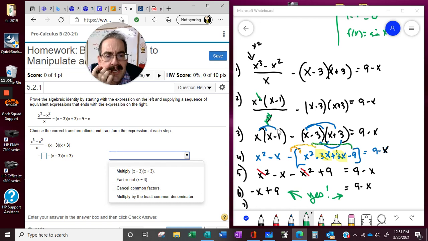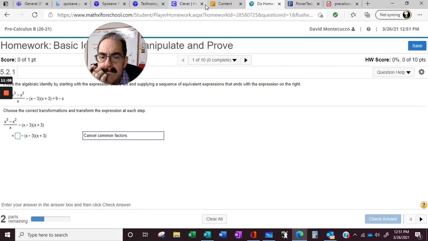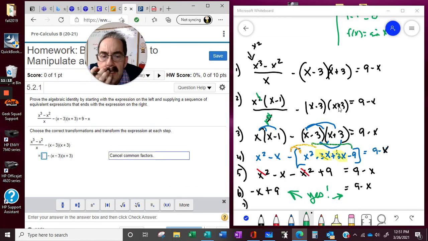So now, to me, I cancel common factors there in green. I cancel common factors getting x times (x minus 1).